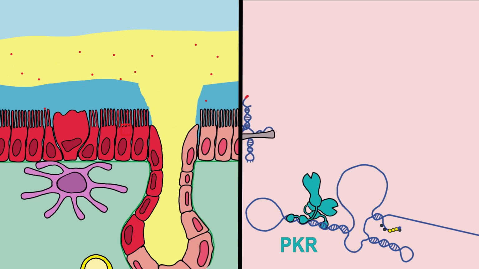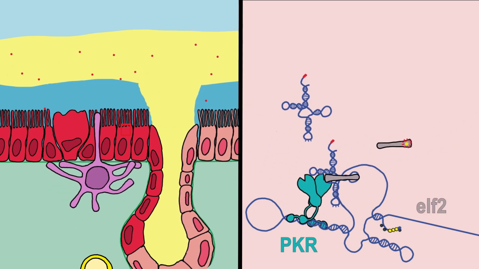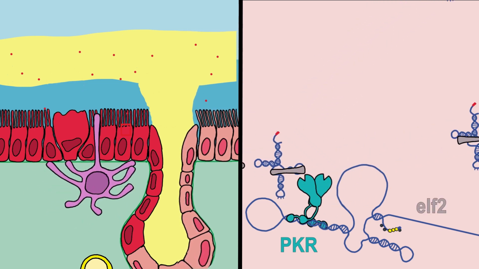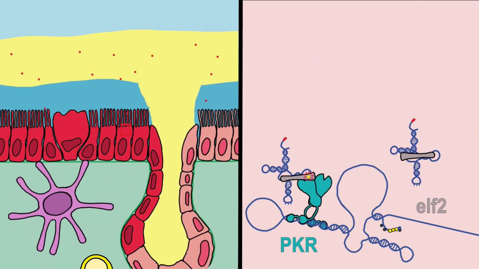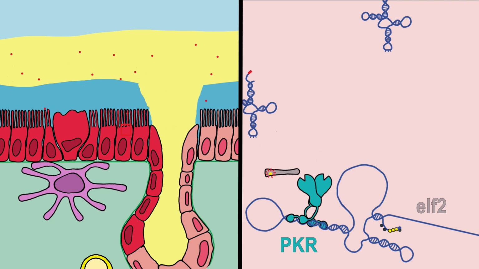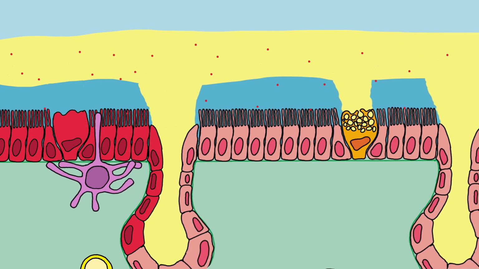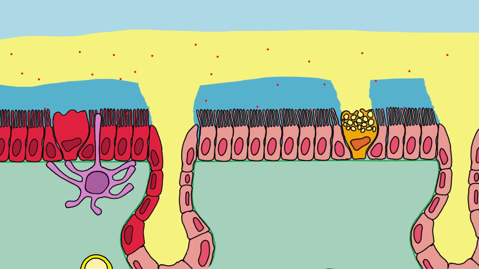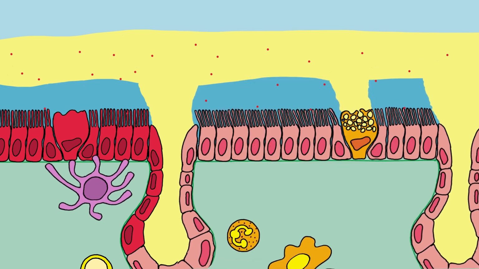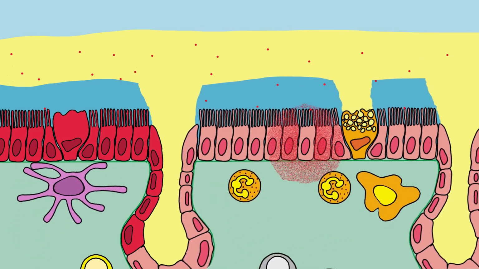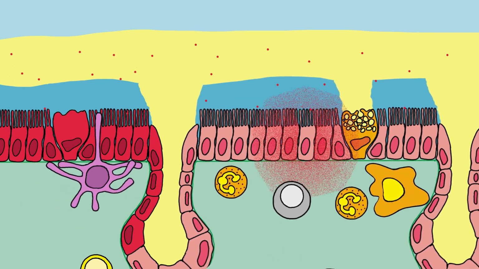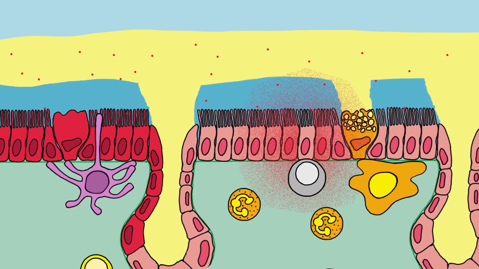The PKR protein phosphorylates the eIF2 initiation factor, inhibiting its function, which is essential for the ribosome to find the AUG initiation sequence in messenger RNA. Proteins that attract cells of the immune system, such as dendritic cells, macrophages, and neutrophils, are also expressed. They also attract natural killer cells, which induce cell death on infected cells.